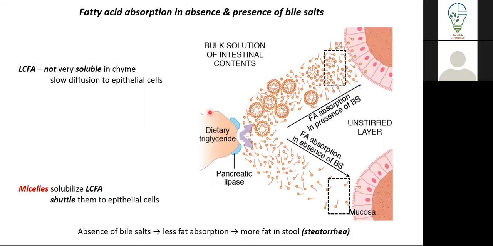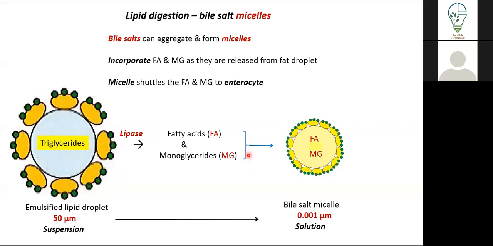So one thing just to note is that all of this we're talking about is when we're talking about the long chain fatty acids. Now, medium chain fatty acids, they can go through this process, but also they can just diffuse into the cell, no problem.